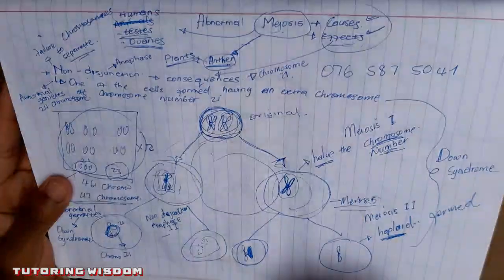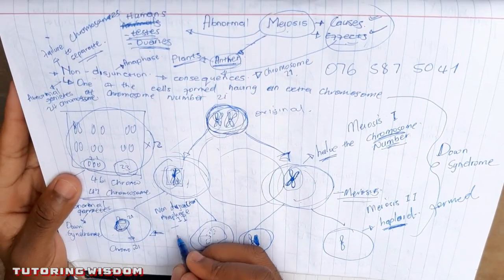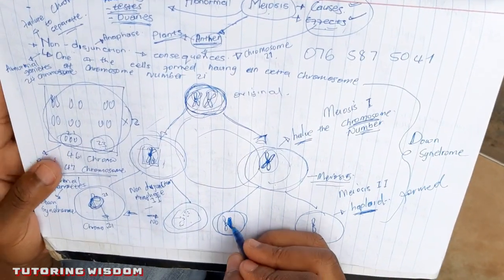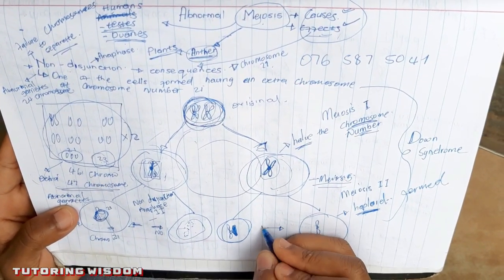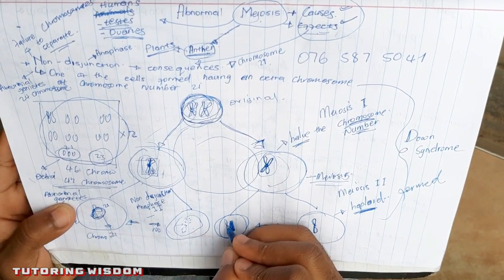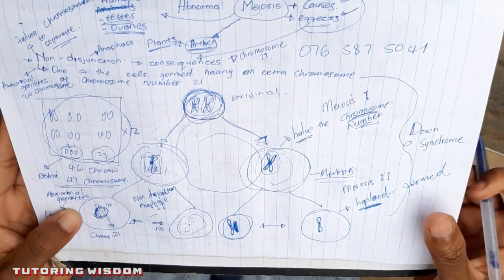So it was pulled to the opposite pole, and to the other pole, nothing was pulled. Now this side, the anaphase was normal. So as we can see, each cell has a haploid chromosome, right?